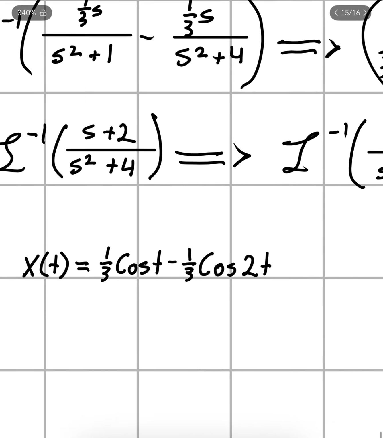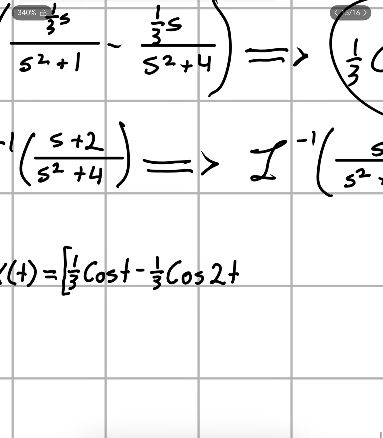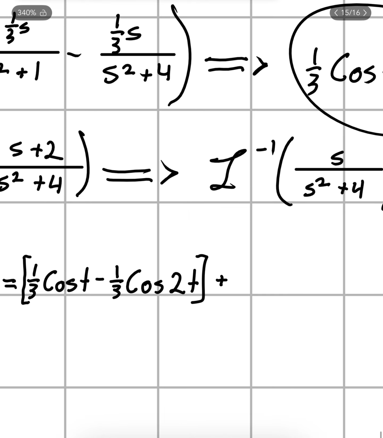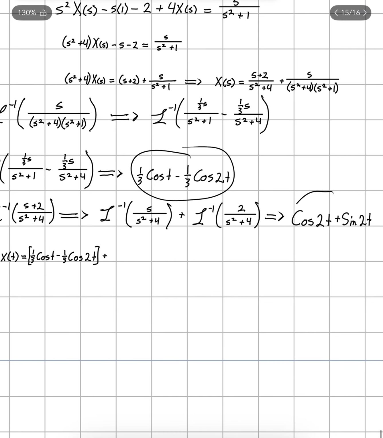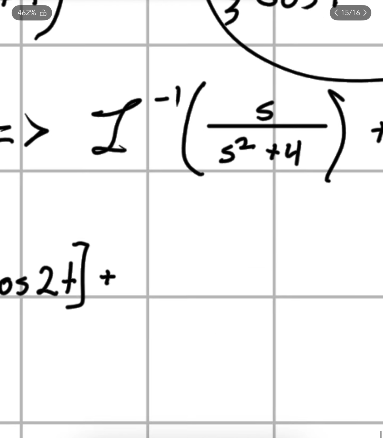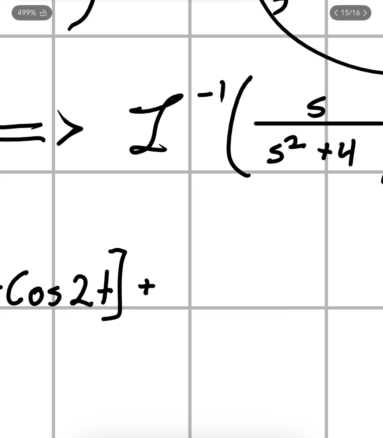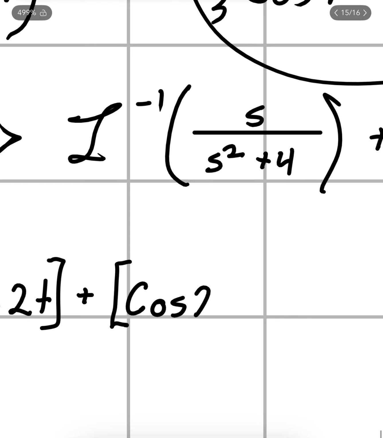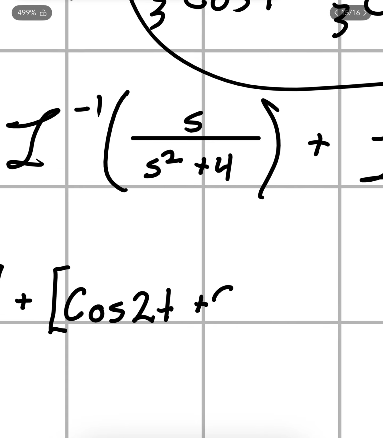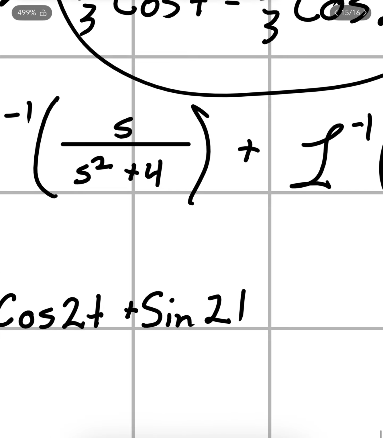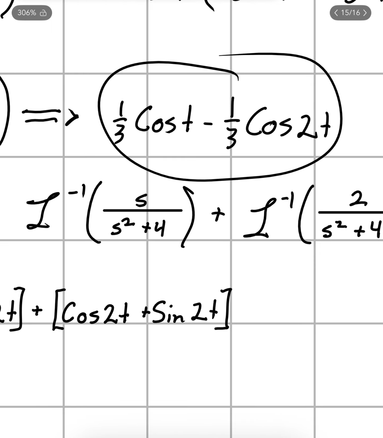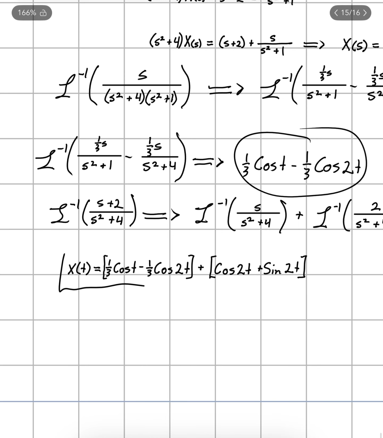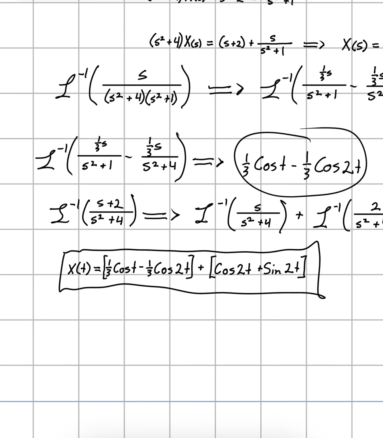Put that in parentheses to separate the two out, plus our most recent find, the cosine 2t and sine 2t, so plus parentheses cosine of 2t plus sine of 2t. And there you have it. You can technically simplify more from here, but this is an acceptable answer.